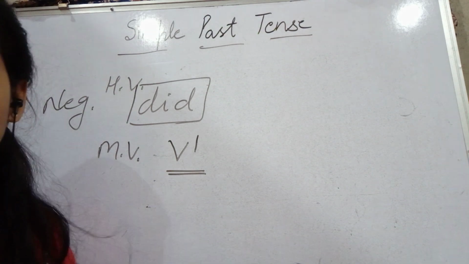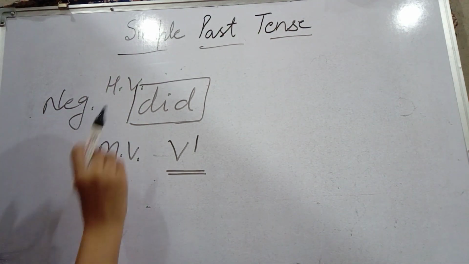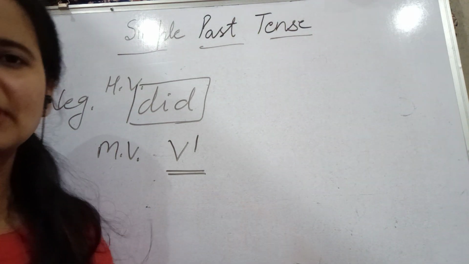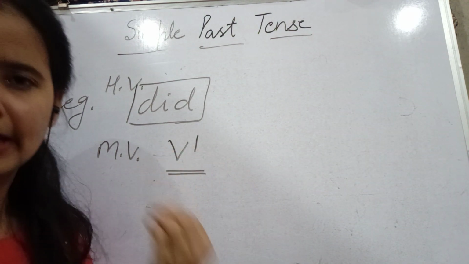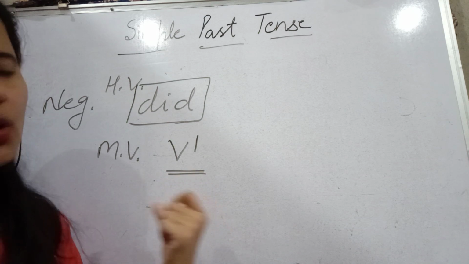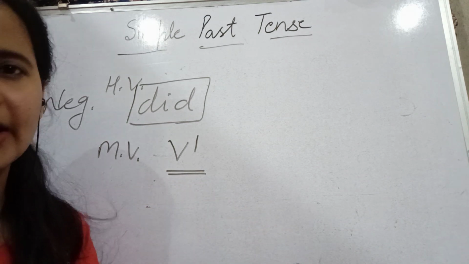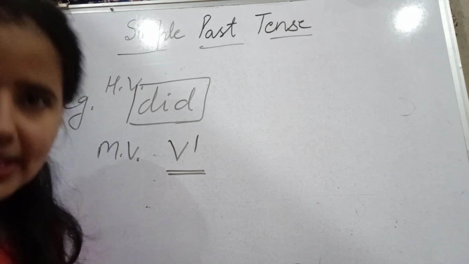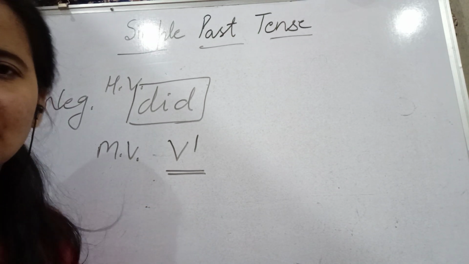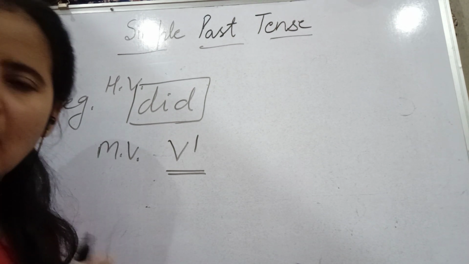Whenever we form negative sentences, we have to use did plus V1. Don't use V2 with did. As I have told you earlier, there is only one use of V2, and that is the simple past affirmative sentence. We use V2 only in the simple past affirmative sentence.